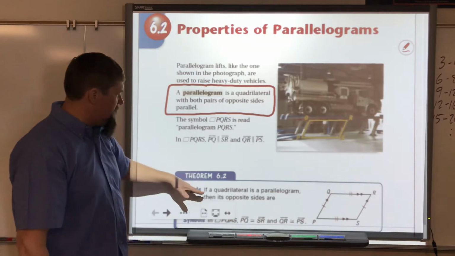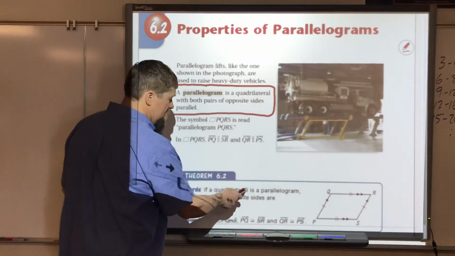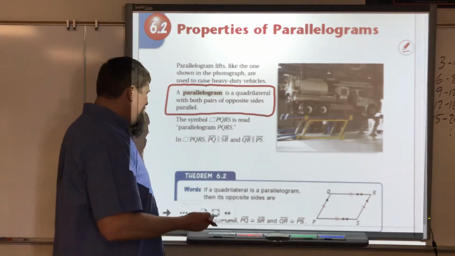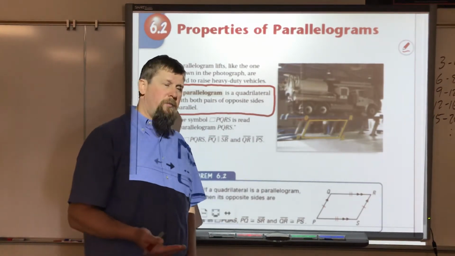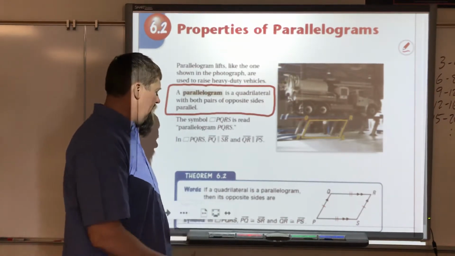Now, that is the definition. The first theorem says that if a quadrilateral is a parallelogram, then you know that both pairs of opposite sides are also congruent.